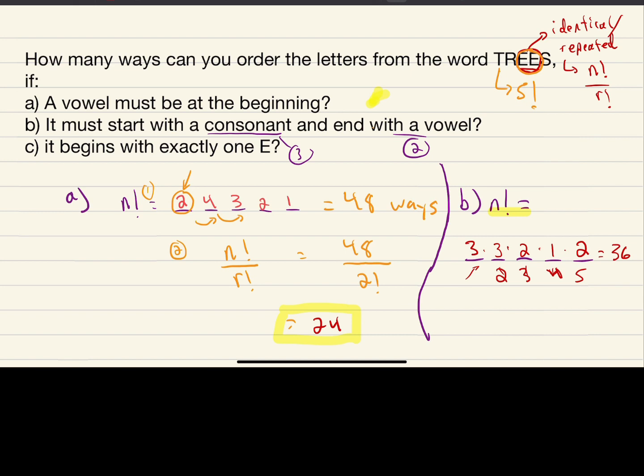Now, because there is an identical object of E, we're going to divide that by 2 factorial. And ultimately, that is going to give us 18 ways for this part of the question.